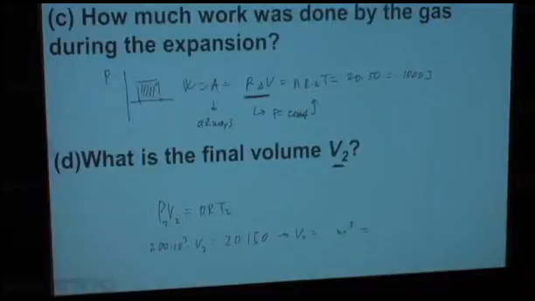Or take this number and divide by this. That will give you liters. It's handy to remember this conversion if you have to solve a problem with liters. Questions, please.